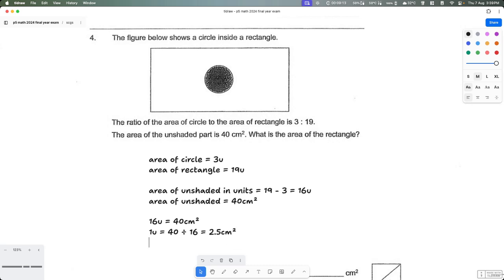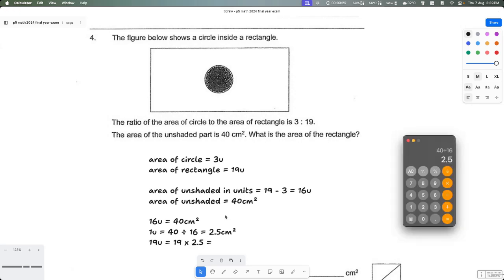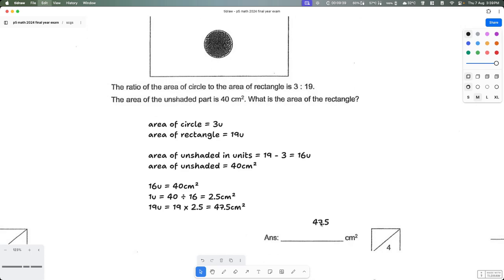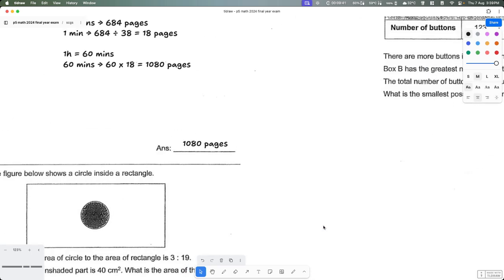Then the last step: the area of the rectangle is 19 units, which is 19 times 2.5, equal to 47.5 centimeters square. So that's the answer. Let's move on to the next question.